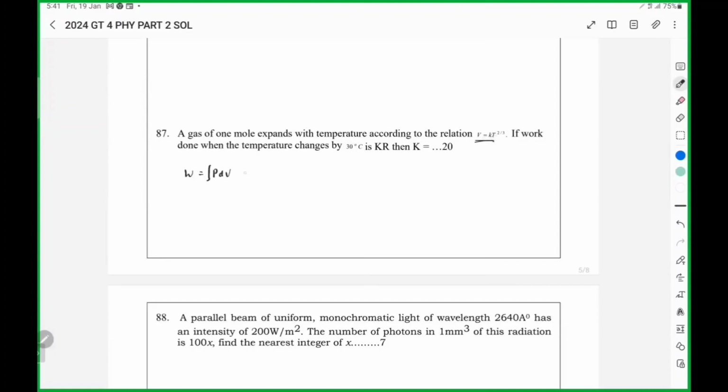Here PV is nRT, for 1 mole, it is RT. In place of P, I will write RT by V, so V is this, dV will be 2K by 3 T power minus 1 by 3 dT.